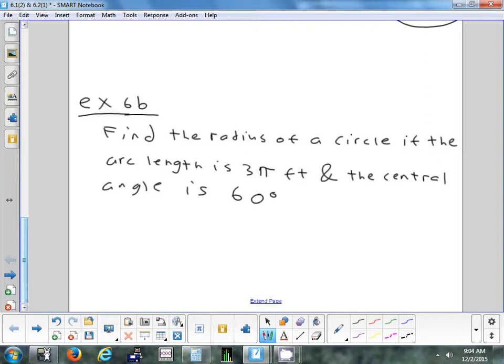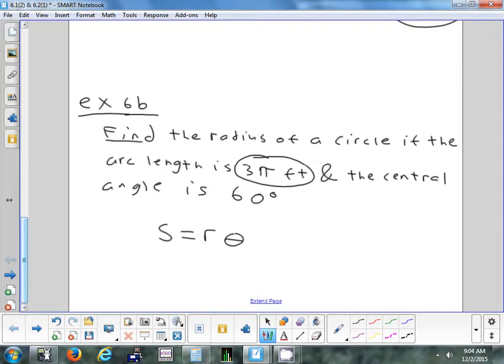All right, so Pat, what's the formula I use again? S equals R times theta. Okay, now we're going to fill in what we know. Okay, Tyler, what is this 3 pi feet? What letter does that go in for? Isn't that for the radius?